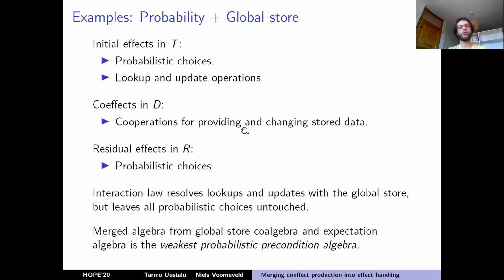Then if we use the correct interpretation, the coalgebra for global store and environment and the expectation algebra for the residual probabilistic choices, what we get using the framework presented in this talk is an algebra representing the weakest probabilistic precondition algebra, which very nicely represents this complete picture of this combination of probability and global store, and is featured in many different places in the literature.